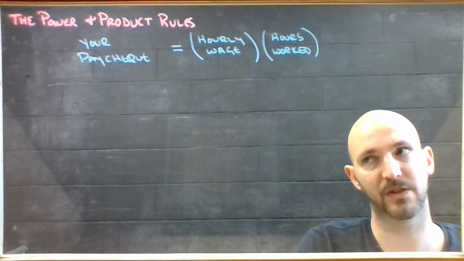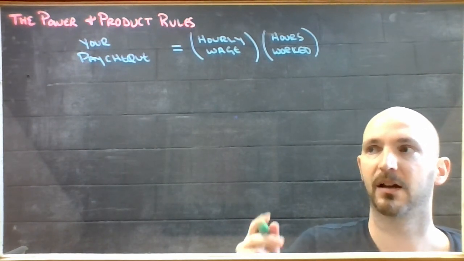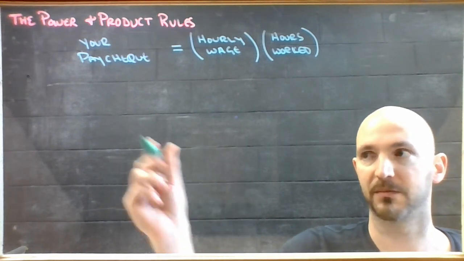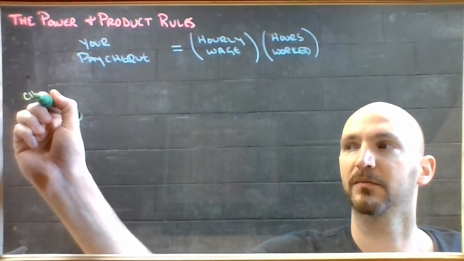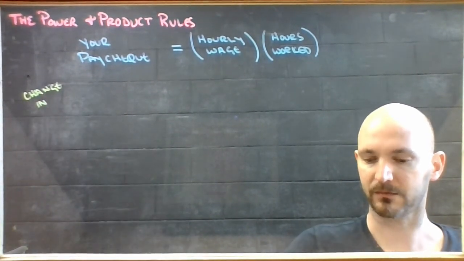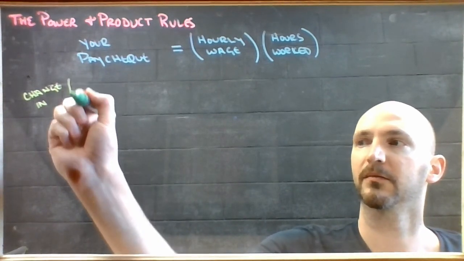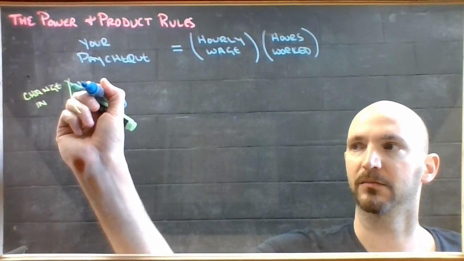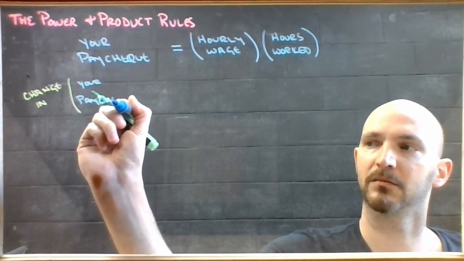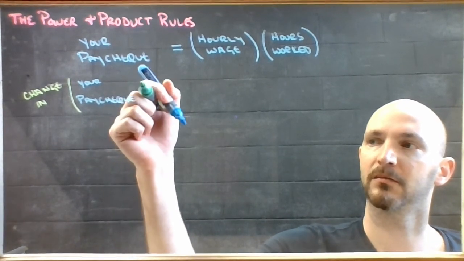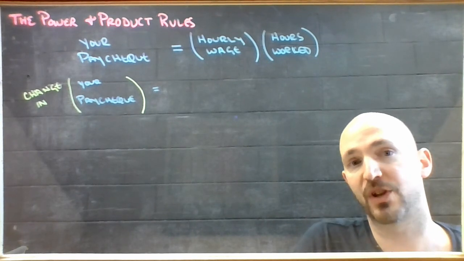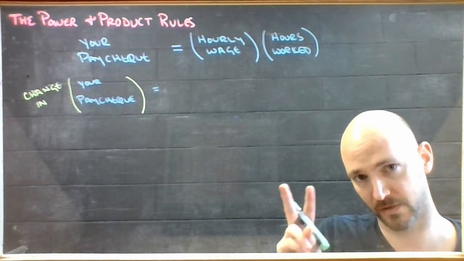So I'm going to use the derivative notation here a little bit, but instead of writing d by dx, I'm going to write change over time, or just change in your paycheck. Okay, so if I want to change the amount of money I'm paid every week, there's 2 ways I could do it.